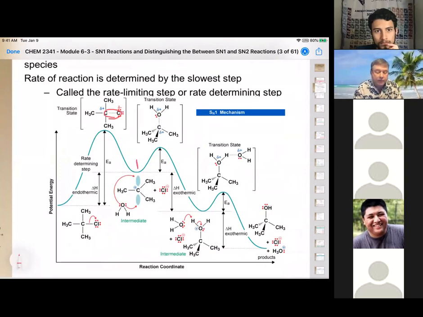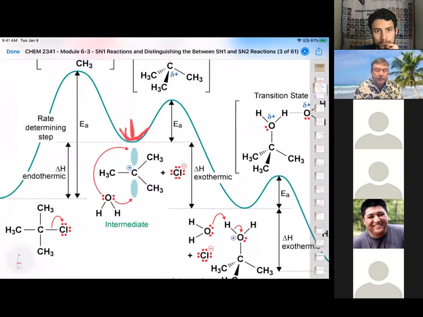And notice it's a trigonal planar carbocation, and at that point we can have our nucleophile come in and start associating with either the top half of this empty p orbital or the bottom half of this empty p orbital.